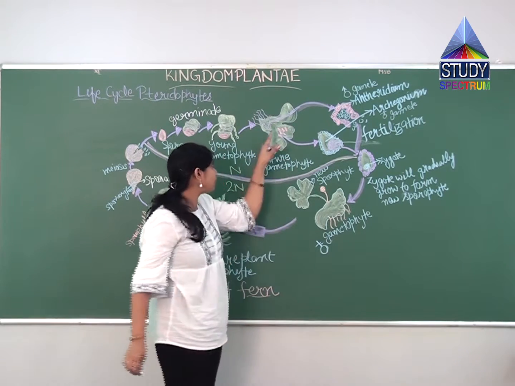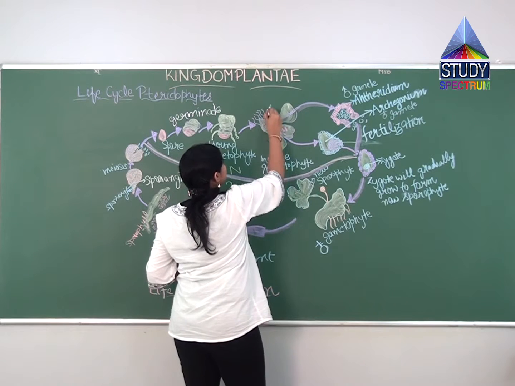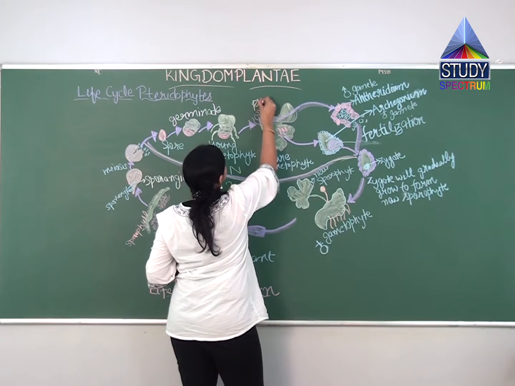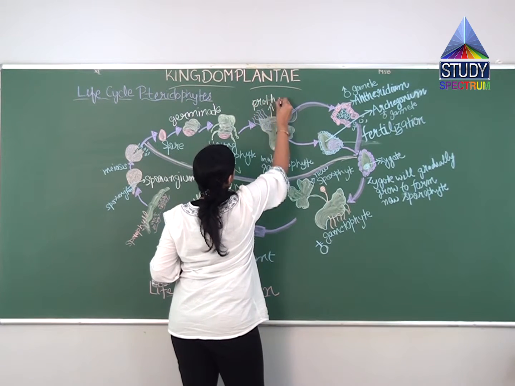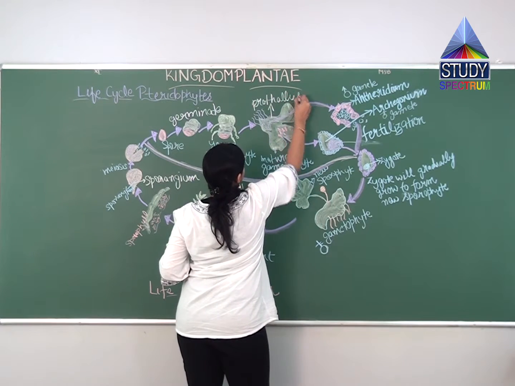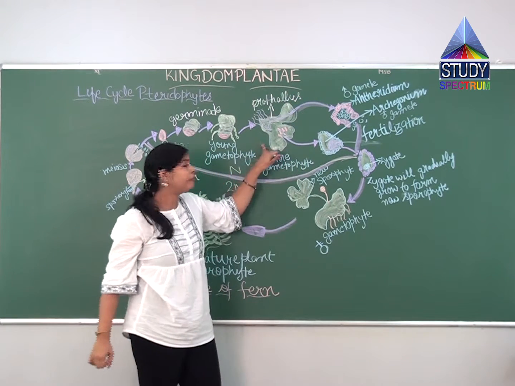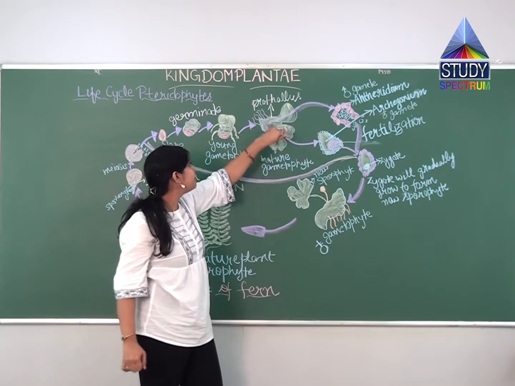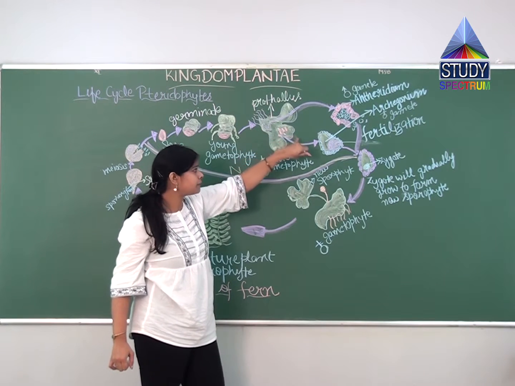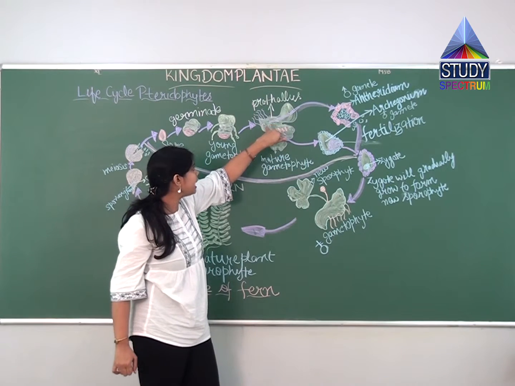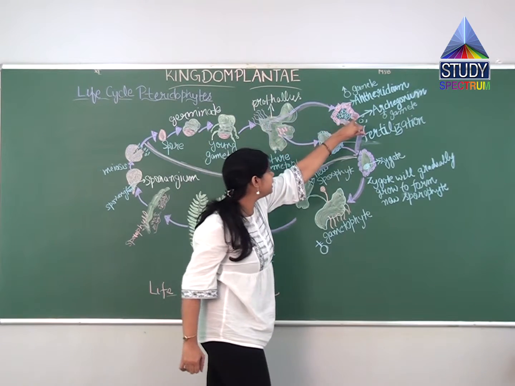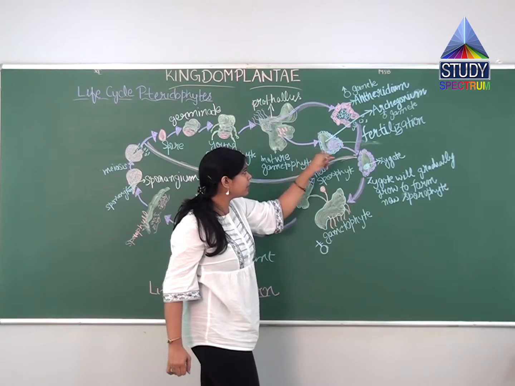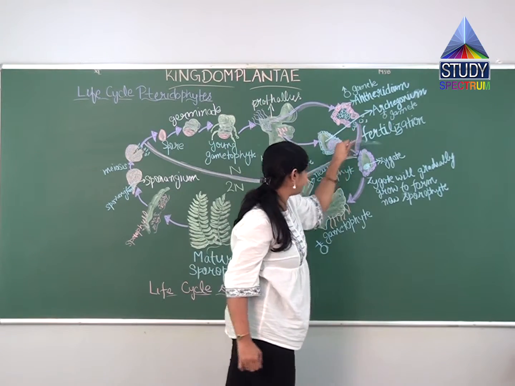This structure is also termed the prothallus. There is no differentiation and it includes both the male and female gametes. The male part is called the antheridium and the female part is called the archegonium.